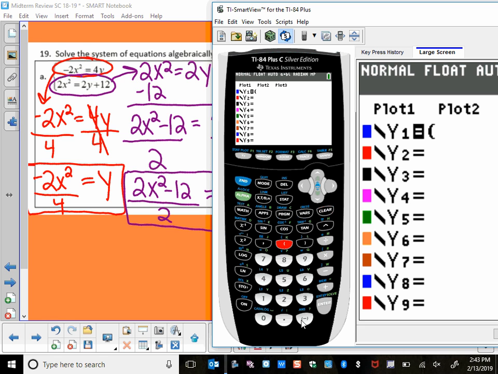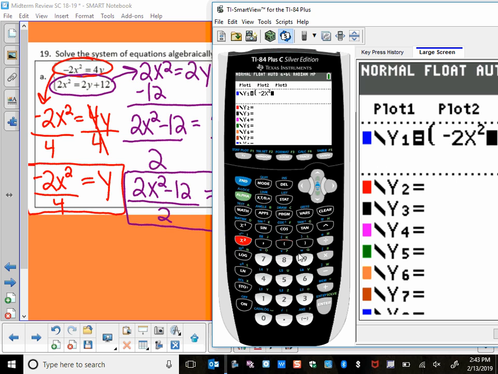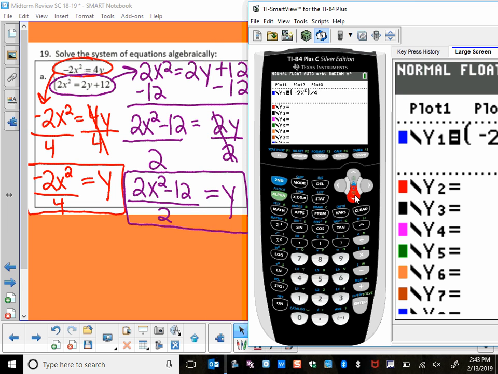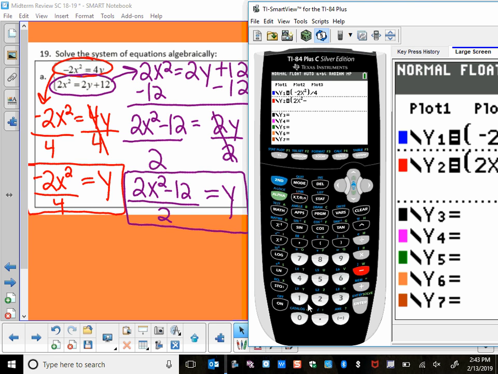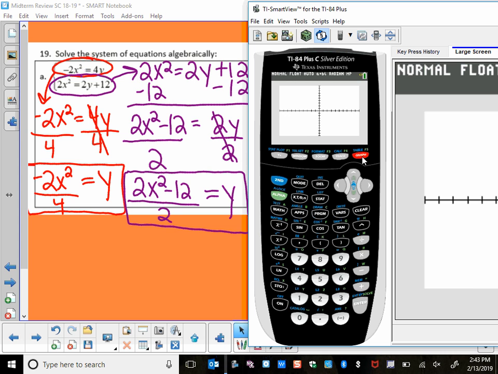So let's do the top in parentheses negative 2x squared, close parentheses, divided by 4. That's the first one that we did in red. The one in purple, go to your second y equals. Put the top in parentheses, 2x squared minus 12 divided by 2. And graph it.